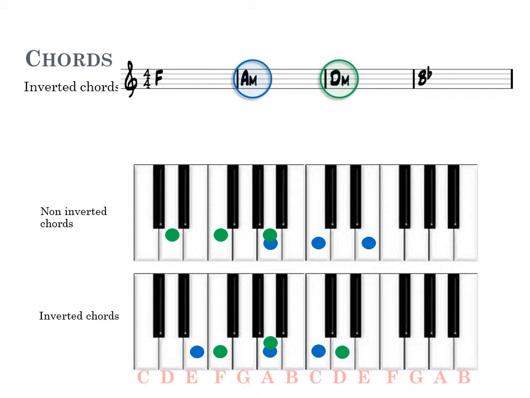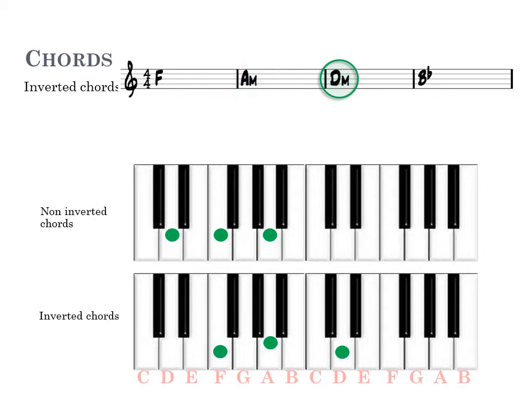However, if we invert it, looking at the bottom line of keys, we can see that it's one key that we have in common. The A is in both chords. The rest are different, but it's not that much you have to move still. It's just from one key to the next. So the move is still not very big.